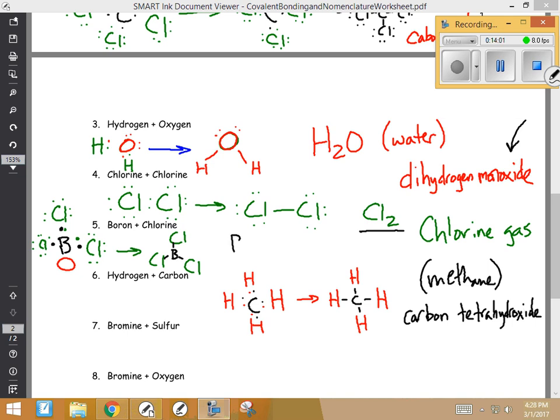That formula is BCl3, and based on our nomenclature rules, this would be boron trichloride. Tri meaning 3. There are 3 chlorines right there.